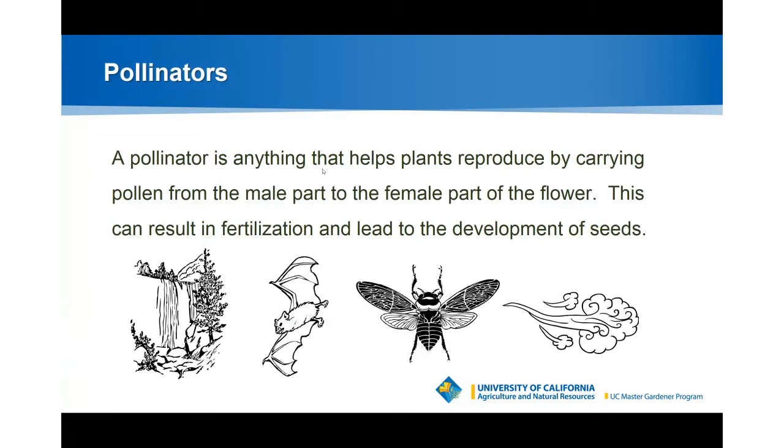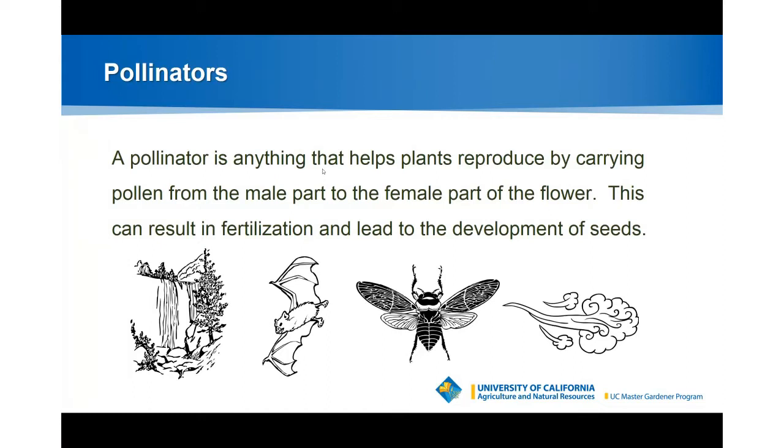So the first thing I think is important is just to establish a common vocabulary. What is a pollinator? A pollinator is anything that helps a plant sexually reproduce. And they do that by carrying pollen from the male part of a flower to the female part of a flower. This can result in fertilization that develops into a seed. And pollinators can be water. Water can move pollen, wind can move pollen, and then of course insects and animals.